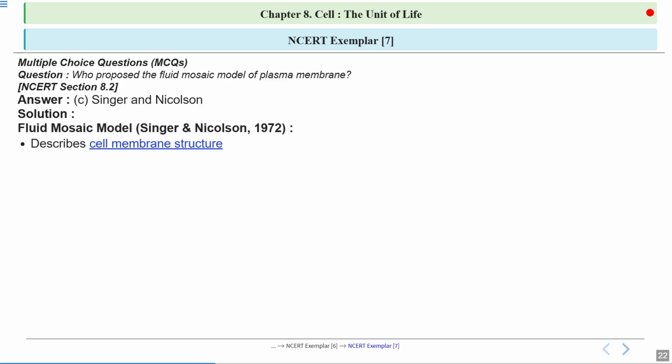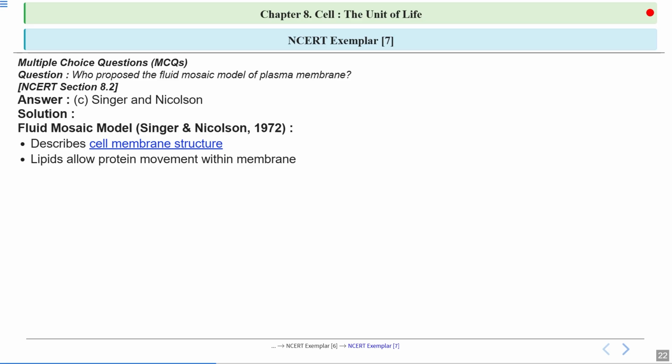Okay, so Singer and Nicolson proposed the fluid mosaic model in 1972. It describes the cell membrane structure, it means the plasma membrane structure. So the plasma membrane is made up of a phospholipid bilayer. Clear? So these lipids allow protein movements also within them.